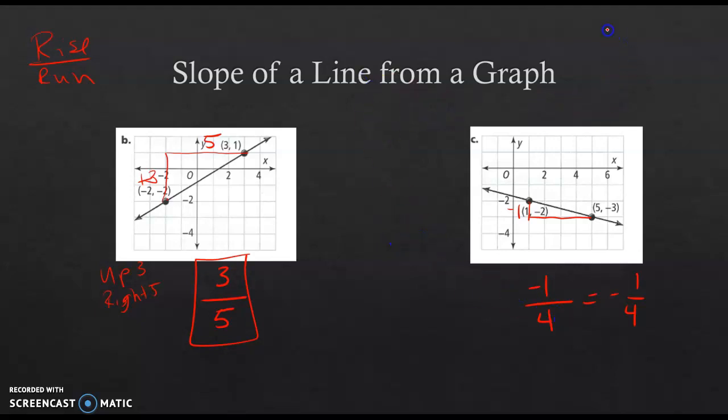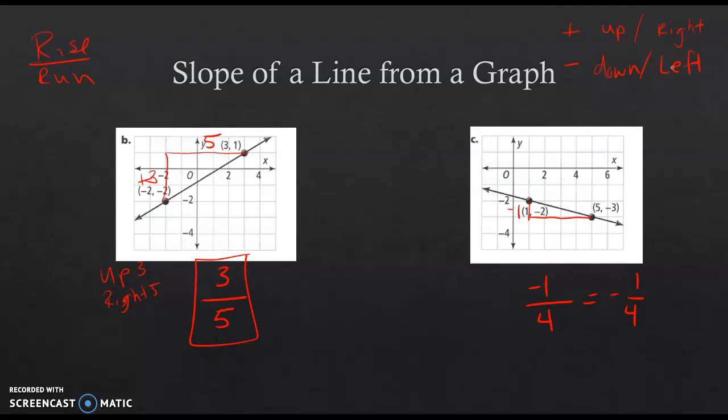So other things to remember, positive moves are up or right, depending on what we're thinking about. Negative moves are down or left.